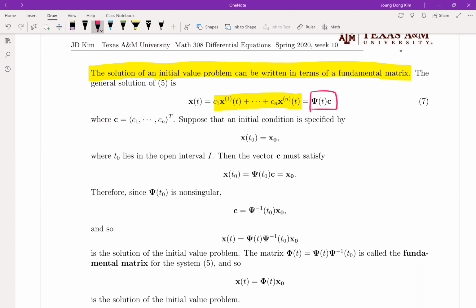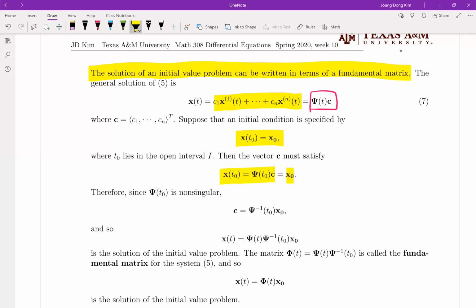And if we suppose the initial condition is x of t0 equal to x0, then let me plug t0 into my solution form, which is number 7. Then you have x of t0 equal to psi t0 times c, and that is equal to your initial value x0.